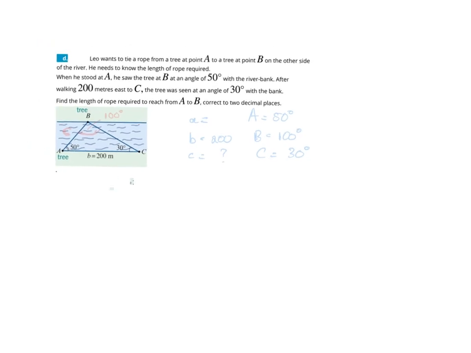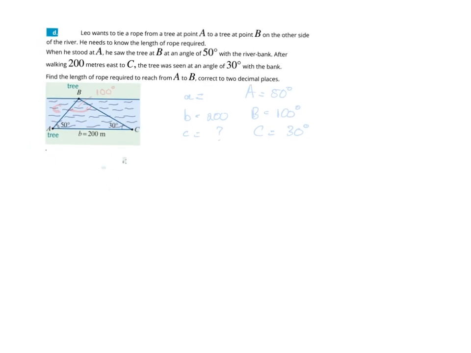So if you have a look here, the 2 pairs that we're looking at will be these 2. And the only unknown there is C. So what are we going to use? We're going to use B over sine B is equal to C over sine C. Fill in your information.